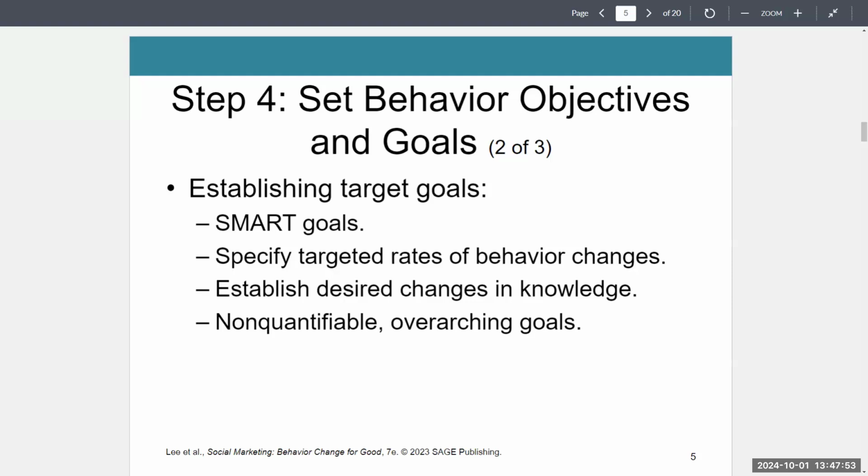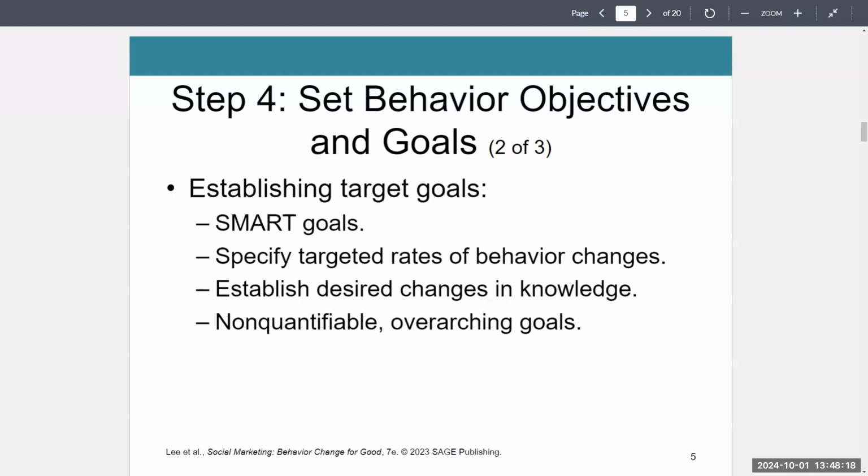Again, SMART goals. SMART goals are very imperative: specific, measurable, attainable or achievable, relevant, and time bound. So you can say, increase the average number of minutes of physical activity per day among adults by 30% within the next 6 months.